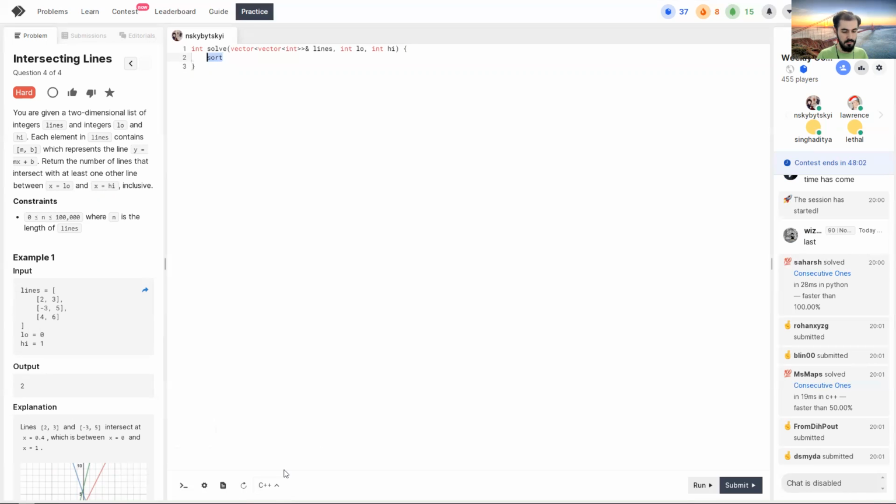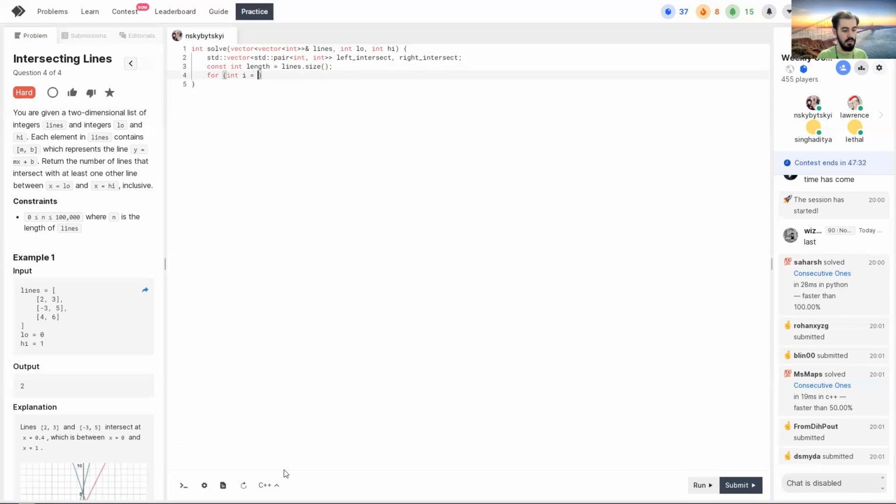My idea is that we take vectors of pairs of integers. The first integer will be the coordinate, the second will be the ID. We grab that.